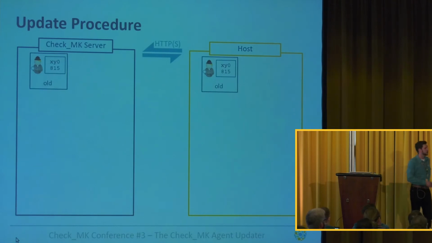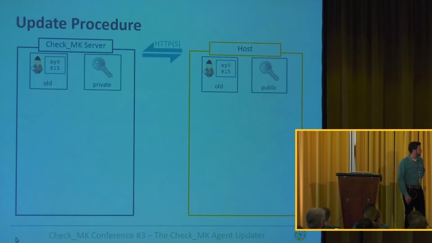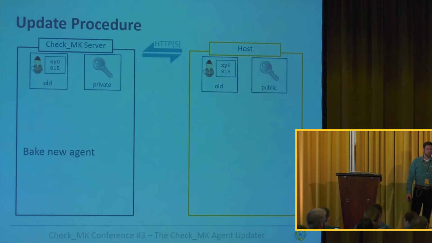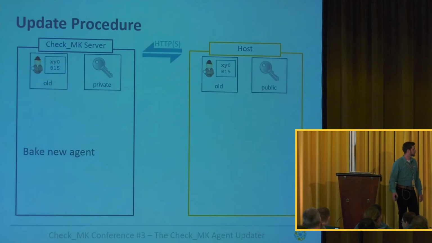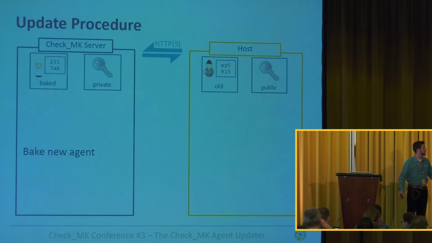On the host it's installed, and on the server it's there to download. And we have a private key and a public key, and that's the key that we set in the agent bakery earlier. And we're now going to say, okay, we now want to bake a new agent. We want to deploy a new feature. We want to do something new.